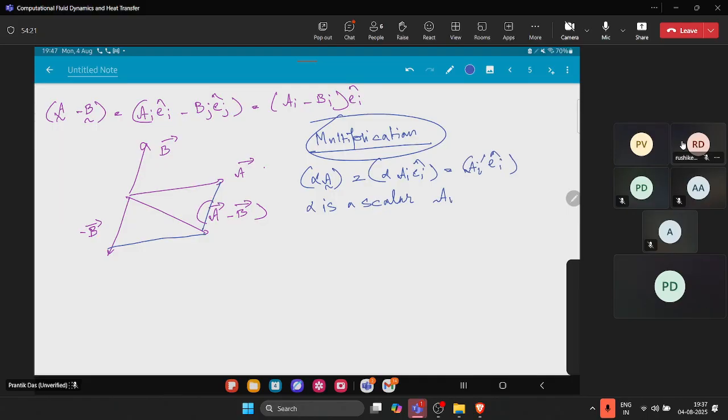So ai prime is alpha times ai. If alpha is greater than 1, it will be longer. If alpha is less than 1, it will be shorter. Okay. So is it clear to all of you?